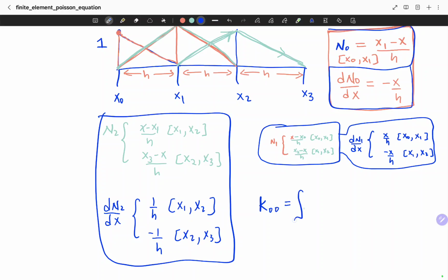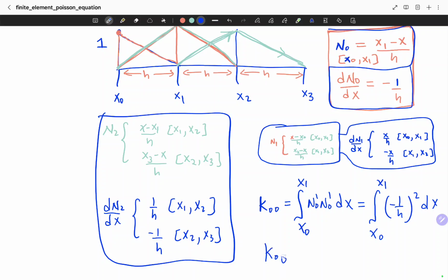These are the range, x0 to x1, so it's going to be the integral from x0 to x1 of n0 prime dx, and we know what n0 prime is. n0 prime is supposed to be 1 over h, not x over h, and this gives you the integral from x0 to x1 of negative 1 over h squared dx.